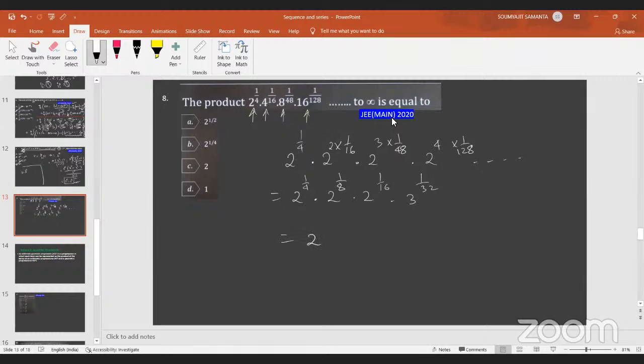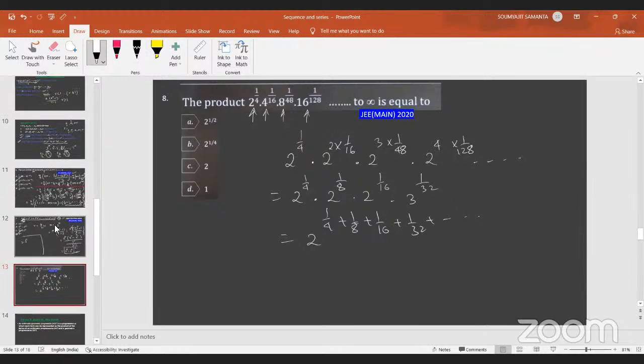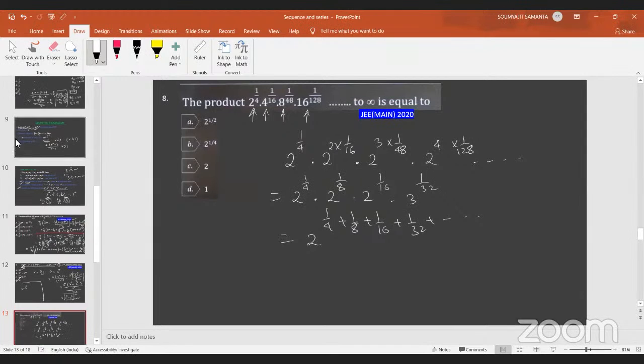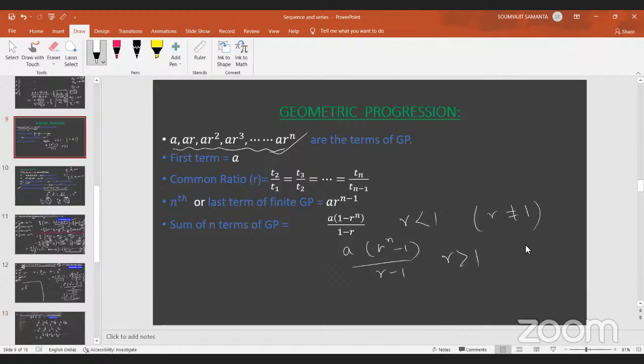So we can write 2 to the power 1 by 4 plus 1 by 8 plus 1 by 16 plus 1 by 32, continues till infinity. Here, what is S infinity if that is in GP?